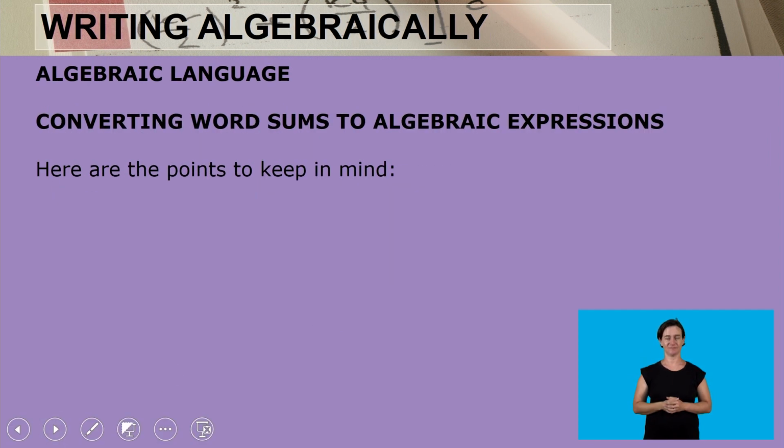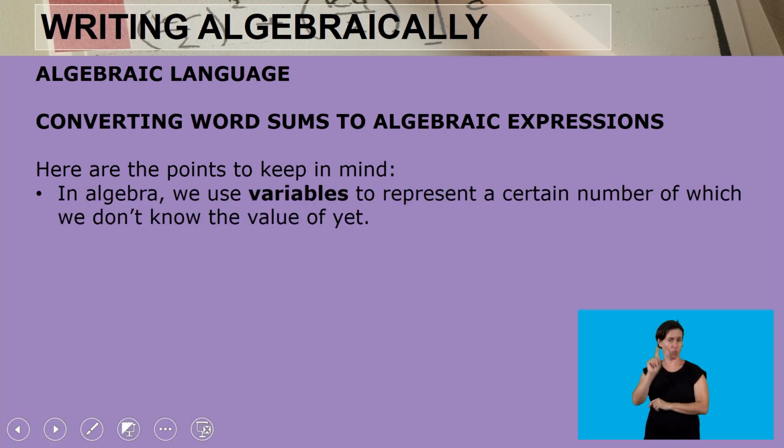Now, let's look at converting word sums to algebraic expressions. So we know that we have been working with how to convert those word sums into formulas. So let's see which points we need to keep in mind when we are converting the word sums into algebraic expressions.